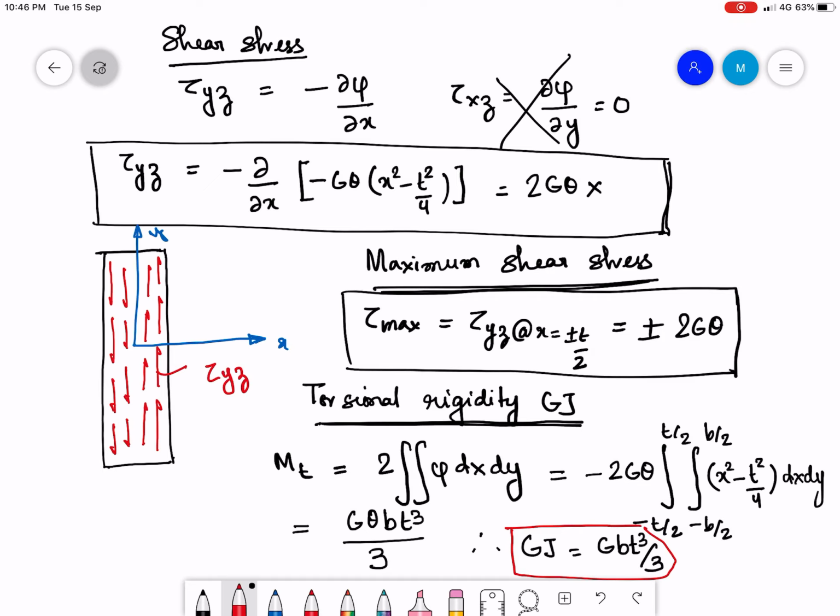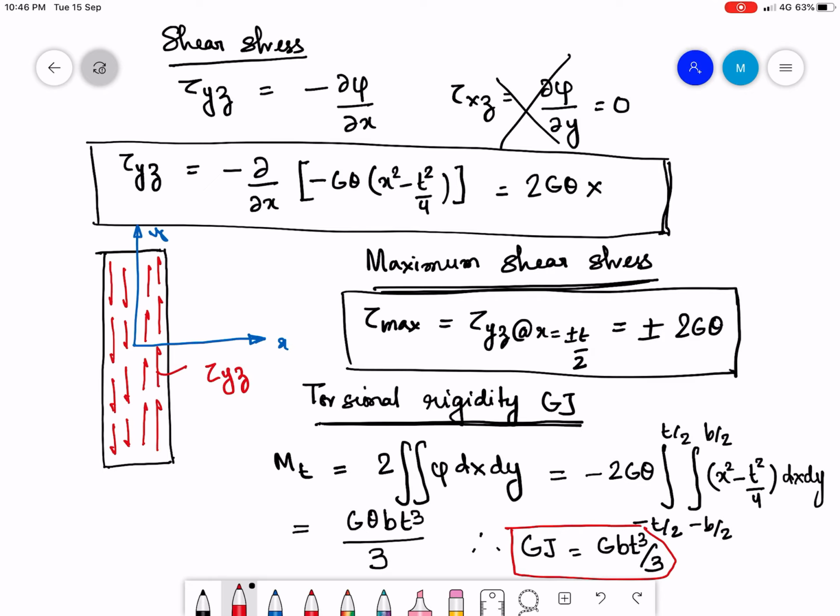Now, the obvious question is why did we spend so much time on understanding the torsion analysis of a narrow rectangular shaft? Because you will slowly realize that this narrow rectangular shaft is the fundamental component of a thin wall structure. Okay. So, almost all thin wall structures are made of, or are similar to, a narrow rectangular shaft.